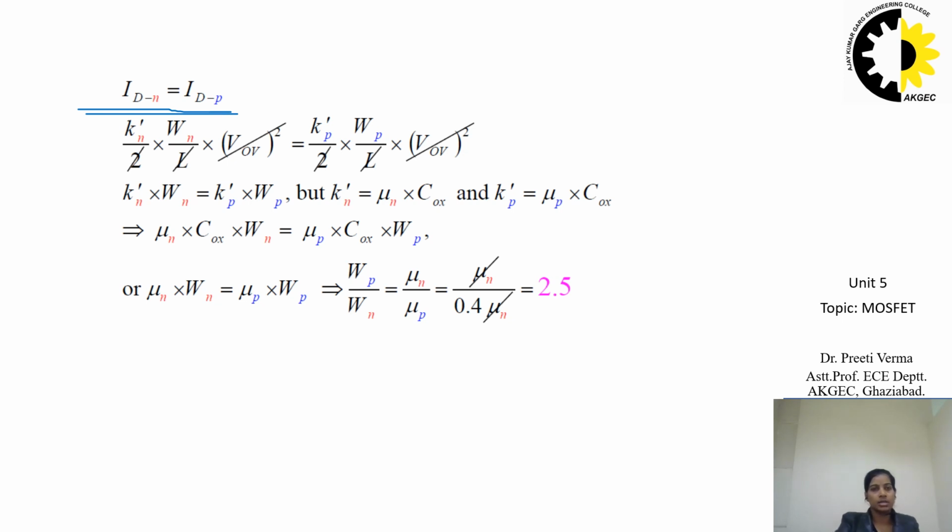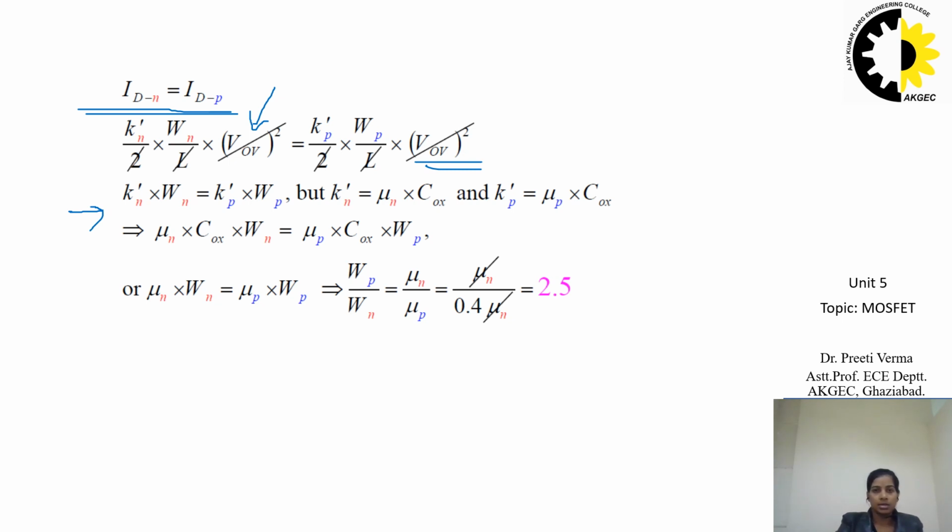So writing the current equation, Kn dash by 2 multiplied by W by L into overdrive voltage, VOV squared, which is (VGS minus VT) whole squared, is equal to Kp dash by 2 multiplied by Wp by L and VOV squared. Cancelling out some terms, 2L and VOV, from the left hand side and right hand side, we get this equation.